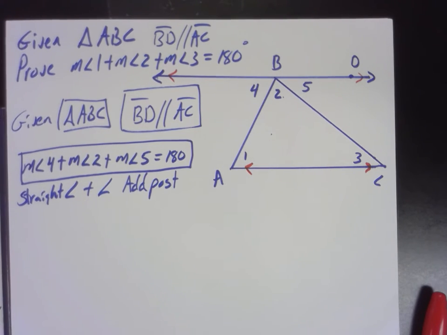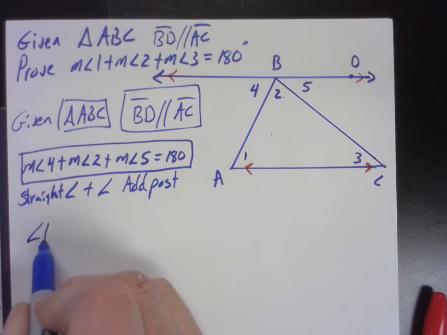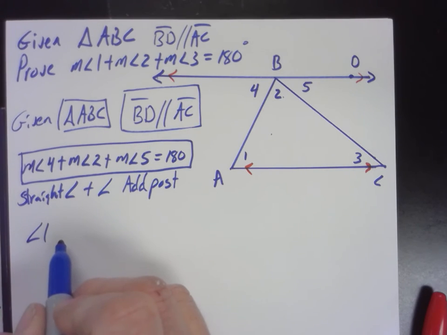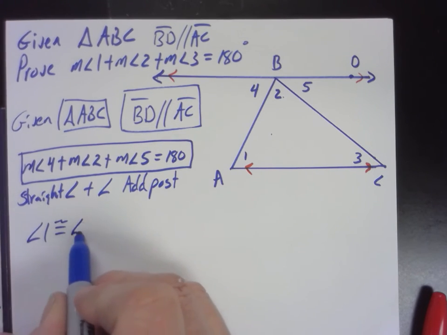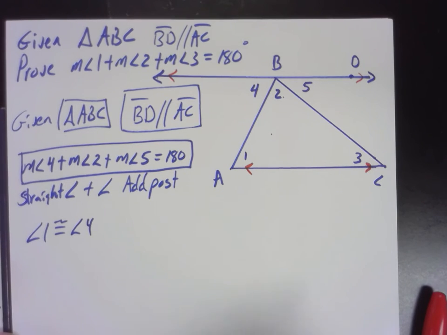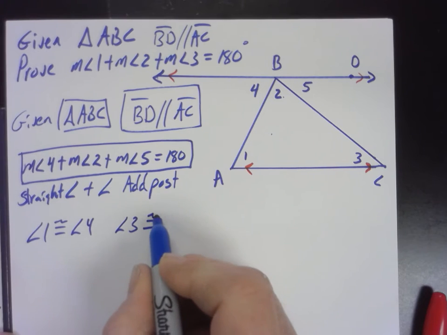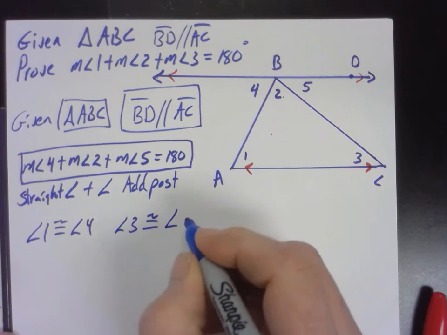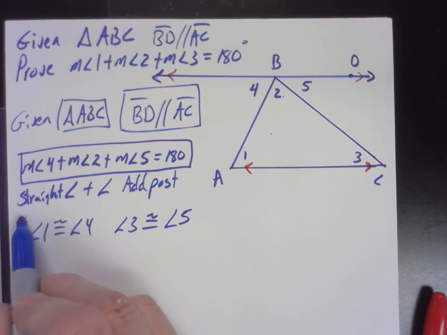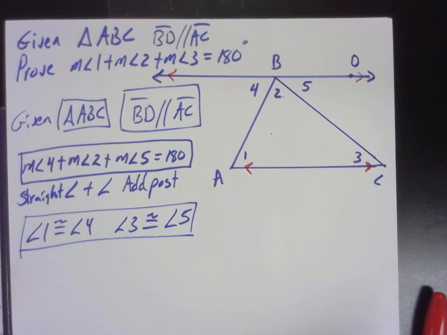Ready? What do you guys know about angle 1 and angle 4? So angle 1 is congruent to angle 4. What's the next one I'm going to talk about? Angle 3 is congruent to angle 5. Now, I put those two together because they have the same reason. What's my reason?